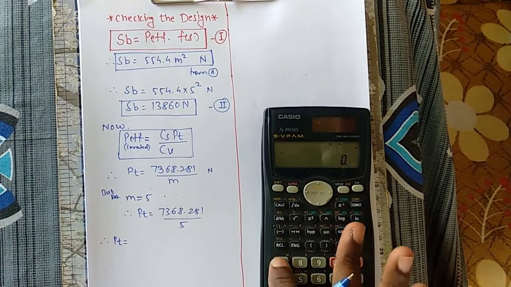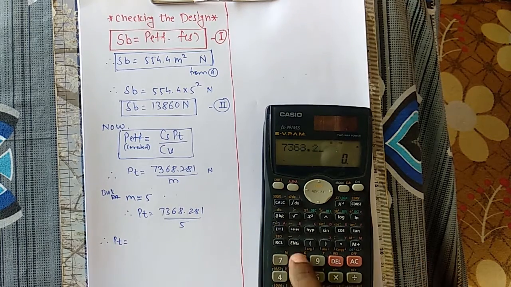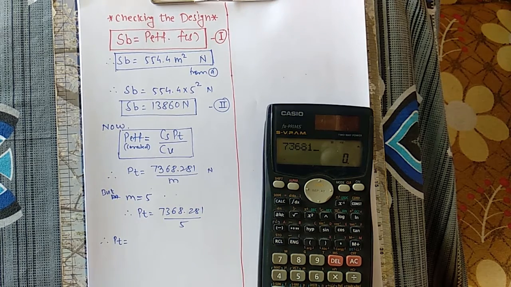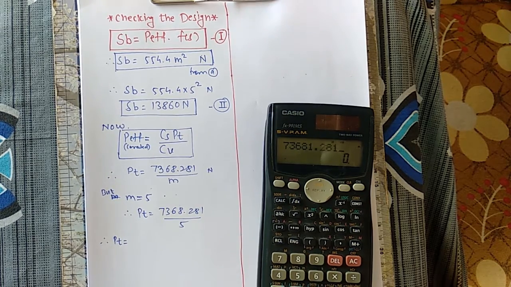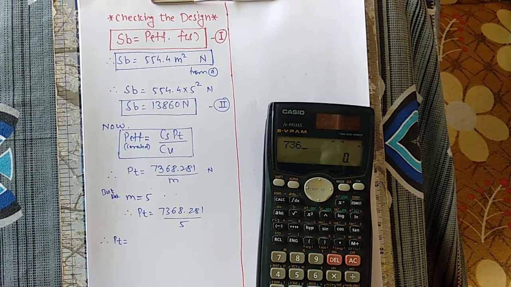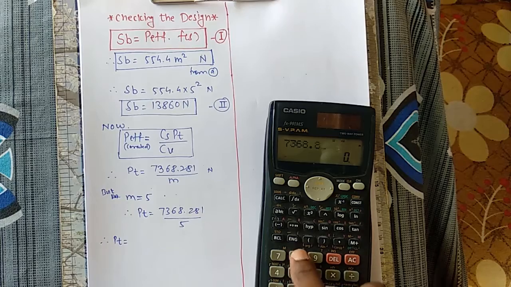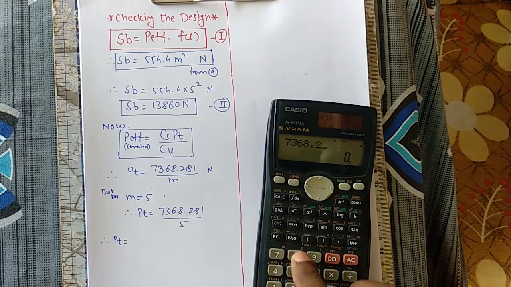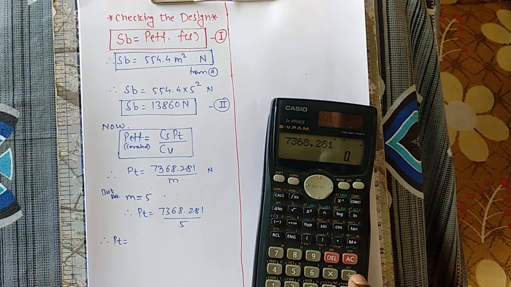So I can write like this: 7368.281 divided by m.